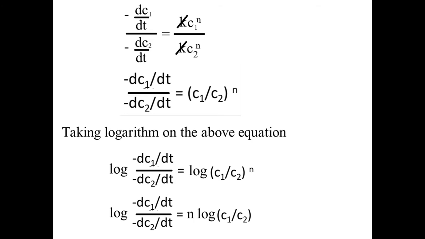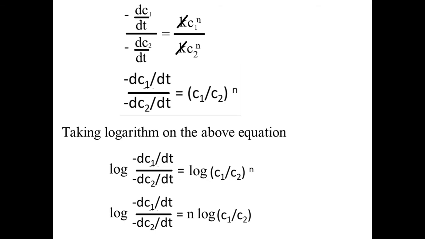Taking logarithm on the above equation, log of minus dC1 divided by dt divided by minus dC2 divided by dt equals log of (C1 divided by C2) to the power of n. The power n comes down, so the equation is log of minus dC1 divided by dt divided by minus dC2 divided by dt equals n log C1 divided by C2.